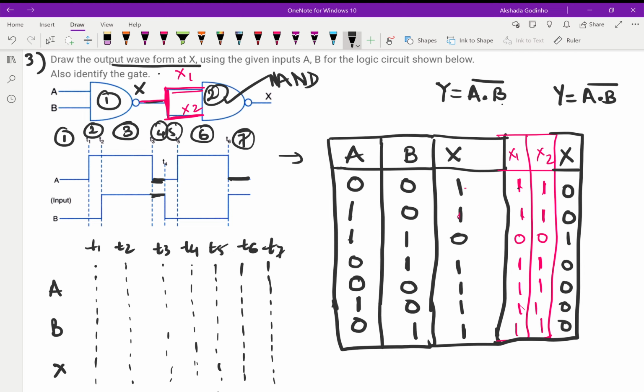We know that the first inputs are given to you, so you can draw. A is here. This is like this. At 3 it is here. At 4 it is down. At 5 it is up. I'm just redrawing the whole thing. And at 7 it is down. At B it is down. Okay, so I will just place it a little lower.